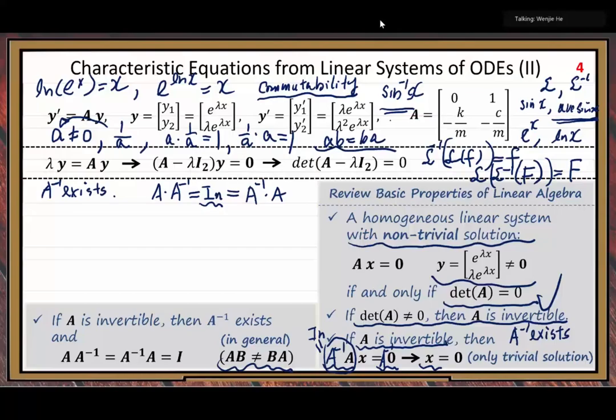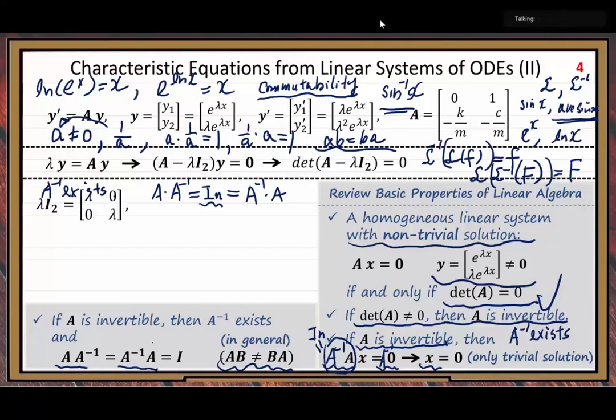In matrix multiplication, you never switch the order of two matrices in your product. It's dangerous. But in this product, A and A inverse are commutable. You can switch, because inverse is a special case.